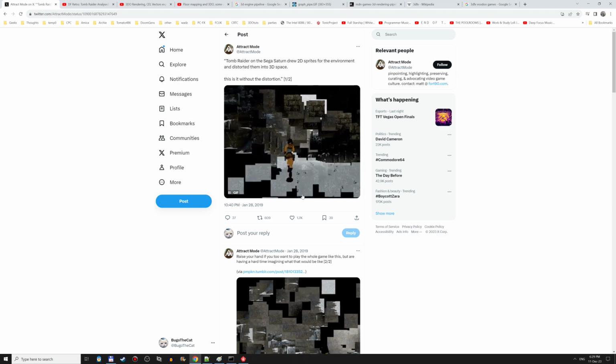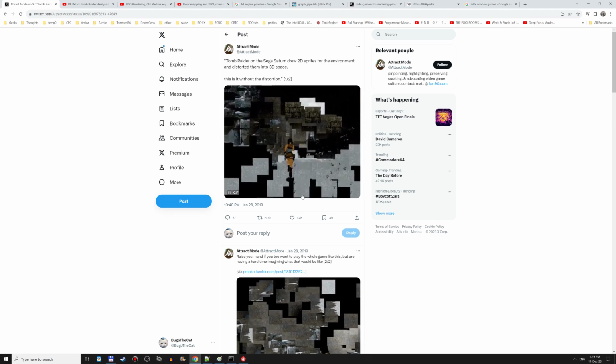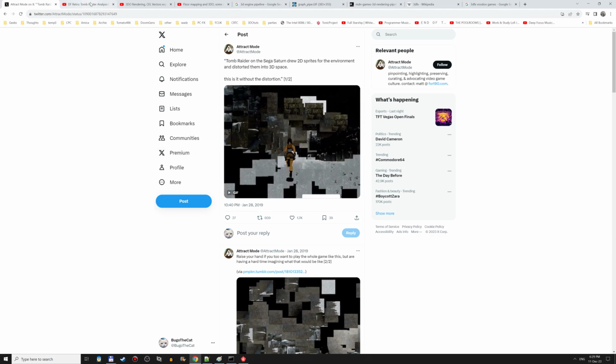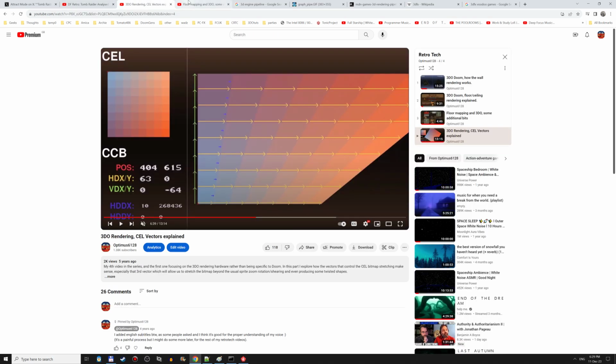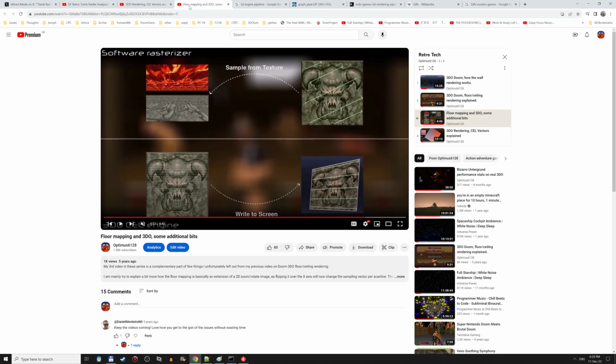But this is wrong. This is the misleading thing. I see a lot of comments saying, "Oh, that explains it all. That's why it was so hard to make." No, it was hard on the Saturn and the 3DO because there were no texture coordinates. You always have a bitmap that was there. There was forward rendering.